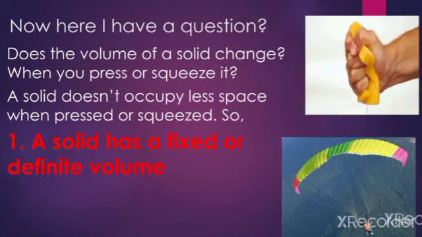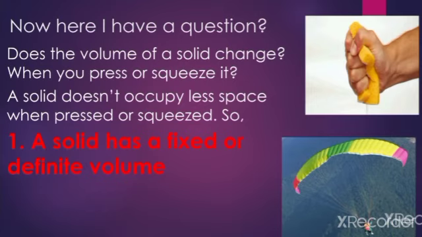Now look at these pictures. These pictures show you that solid has a fixed volume. Now here I have a question. Does the volume of solid change? When you press or squeeze it, a solid does not occupy less space.